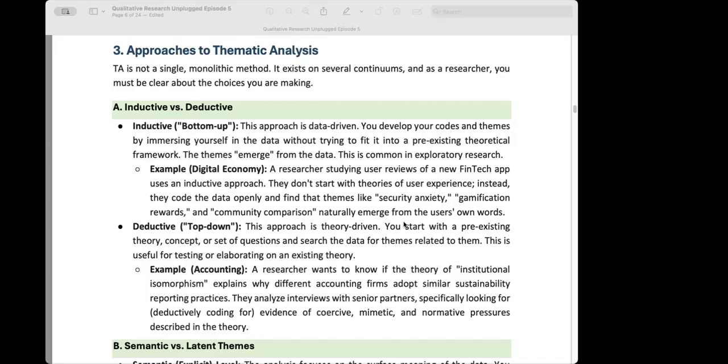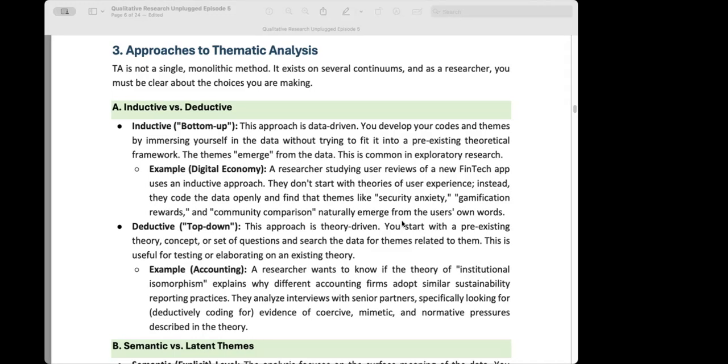The strength here is that it allows you to build directly on existing scholarship, making very clear contributions to theory development or refinement. The risk, however, is the flip side of the inductive approach. You might inadvertently overlook novel or unexpected insights if you're too focused on finding only what you expect based on the theory. You might filter out things that don't fit your framework.